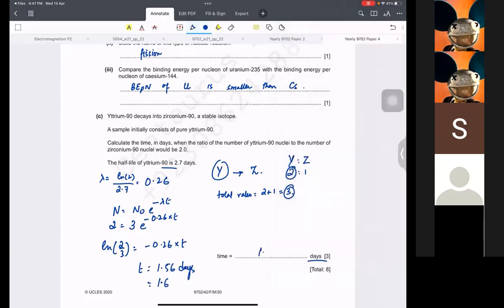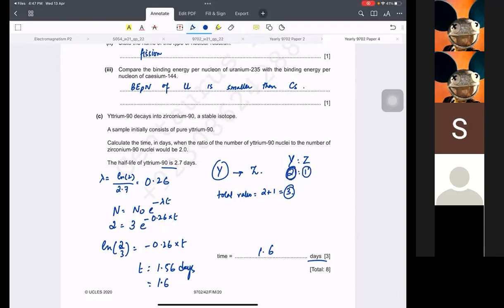How did you decide that N naught is 3? Because in a sample, when you take out a ratio, if after some time y was remaining 2, then 1 was z.